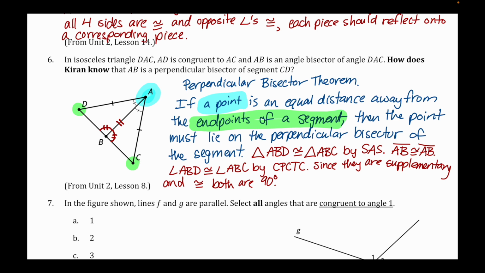And then I can also say that DB and CB are congruent by CPCTC as well.